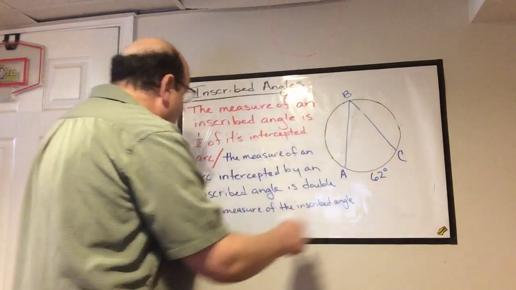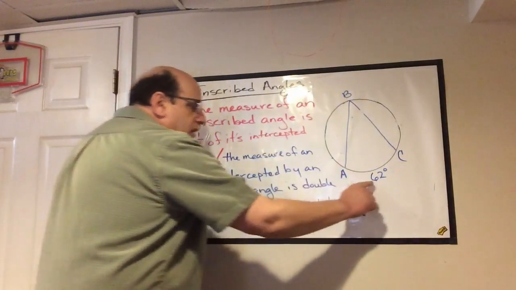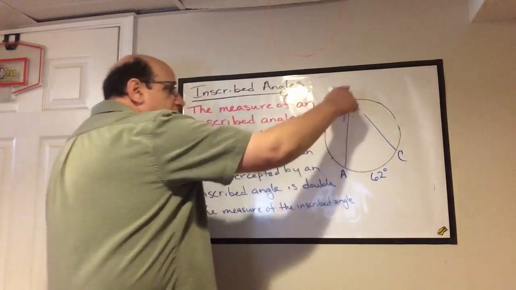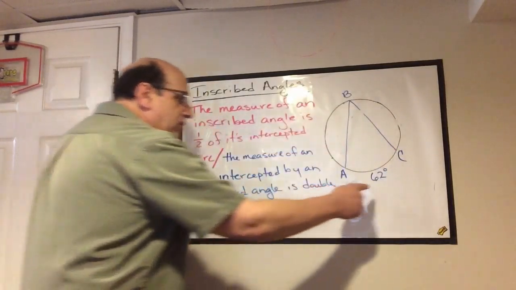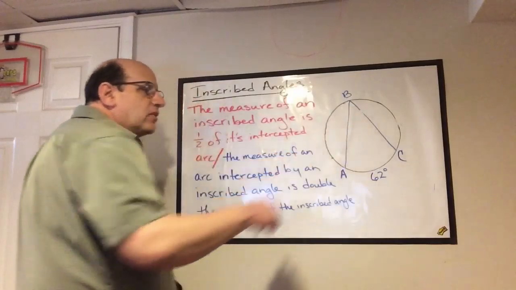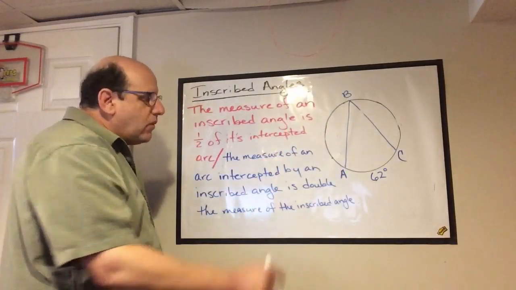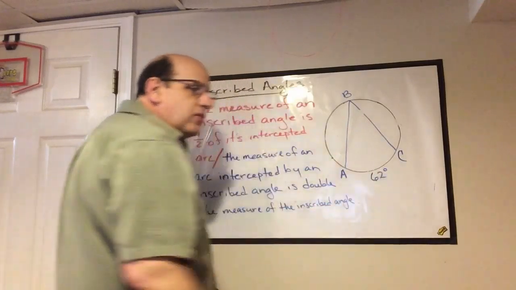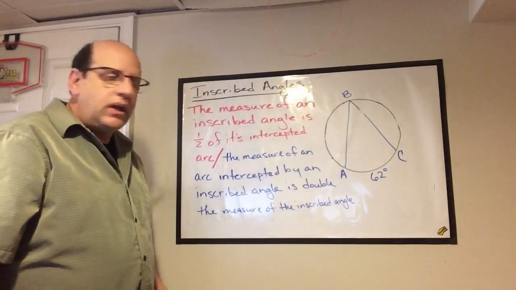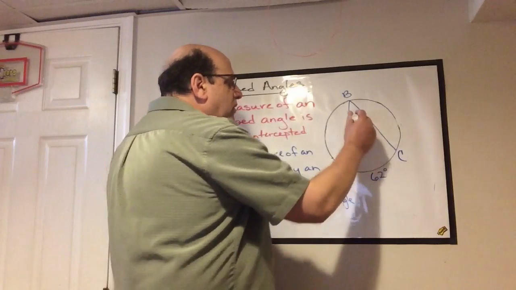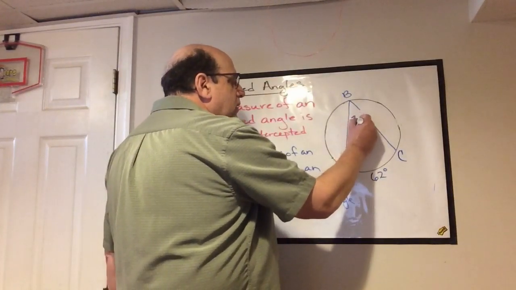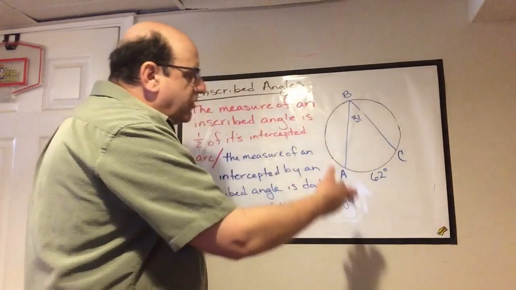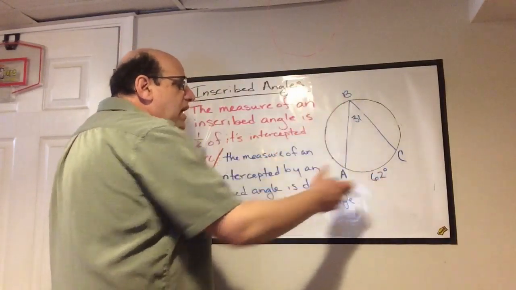Well, this says the measure of an arc that's intercepted by an inscribed angle is double the measure of that angle. Okay, well, if this is double what this is supposed to be, then all we have to do is divide that by 2. And if we divide 62 by 2, then we get 31. You know, what's half of 62? It's 31.